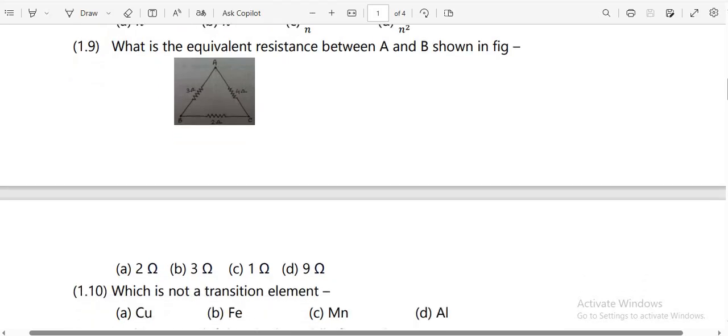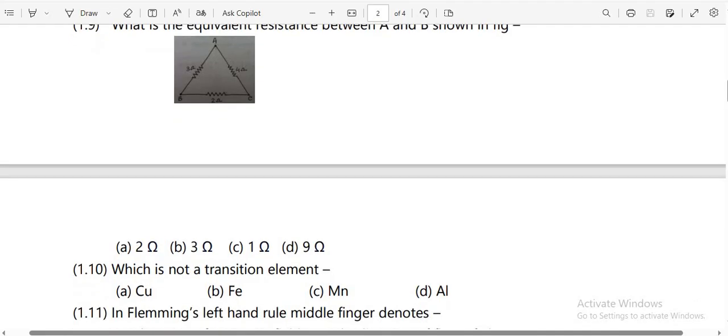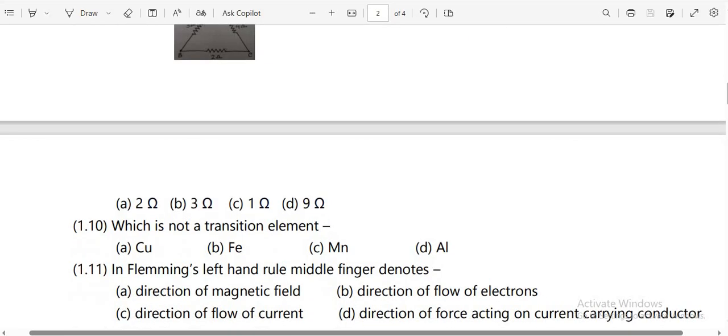Option A 2 ohm, option B 3 ohm, option C 1 ohm, option D 9 ohm. 1.10 Which is not a transition element? Option A Cu, option B Fe, option C Mn, option D Ca.